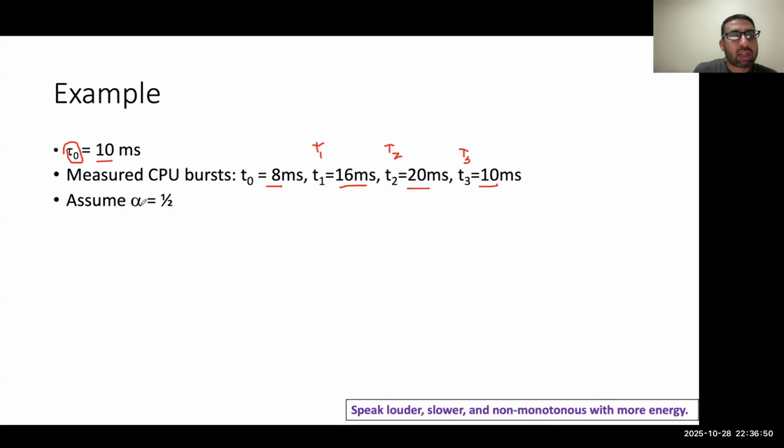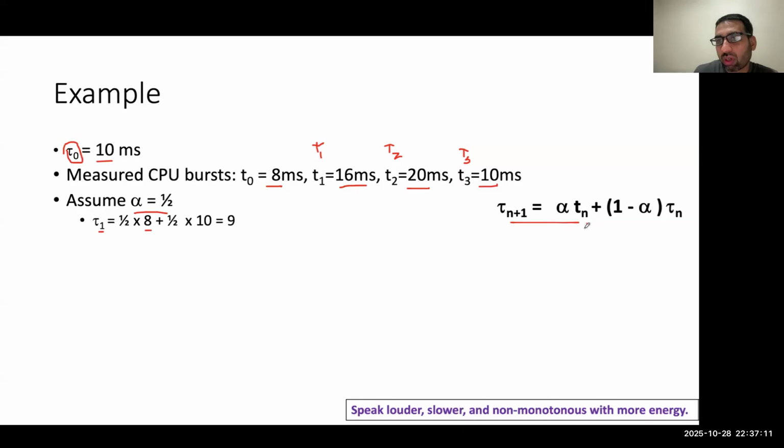So how can we do that? If we use alpha equal to 1 by 2, or half, then you can simply plug the values into this equation. If you put n equal to 0 here, tau 1 will be equal to 1 by 2 times 8. What 8? Here t is equal to 0, right?